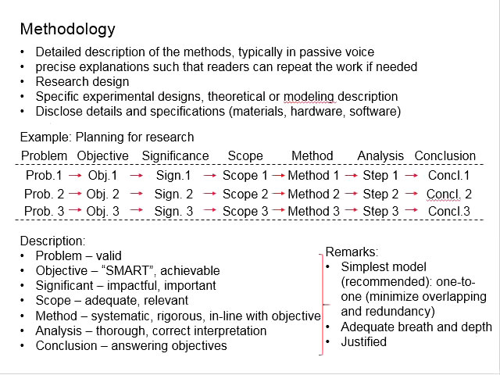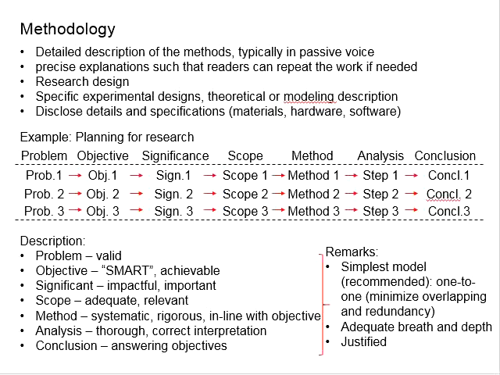Now that you have accomplished the planning stage for your research, you will need to put everything in your methodology, which is the third chapter of your thesis, providing the relevant descriptions, details, and specifications of all the materials, hardware, software, and the methods that you use in order to achieve your research objectives.